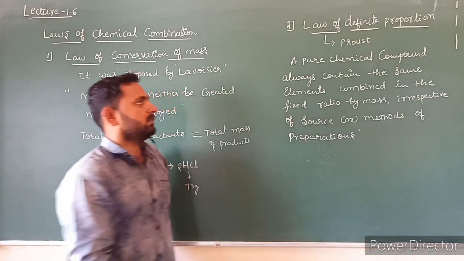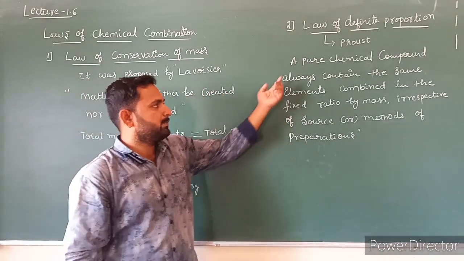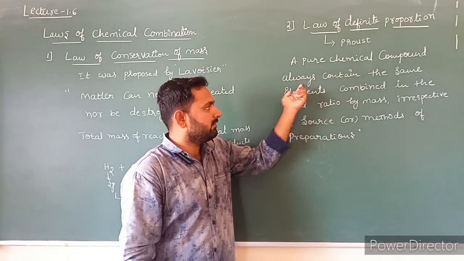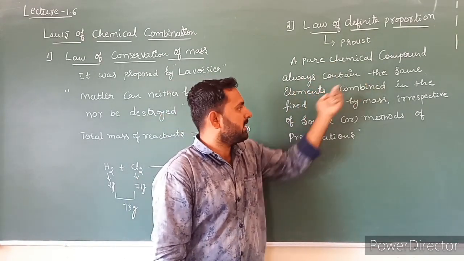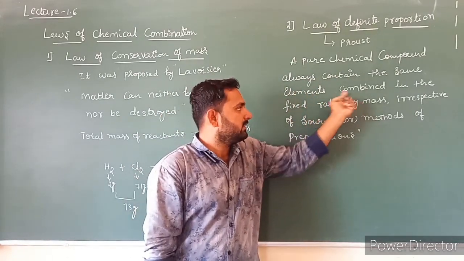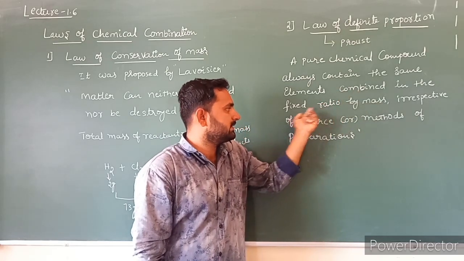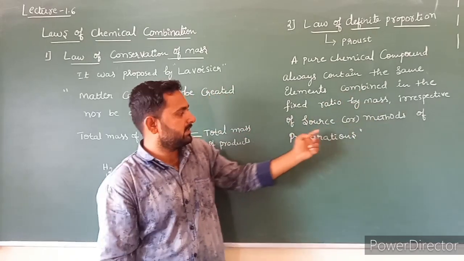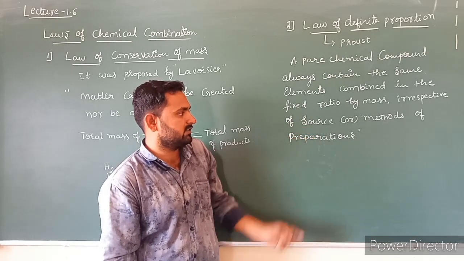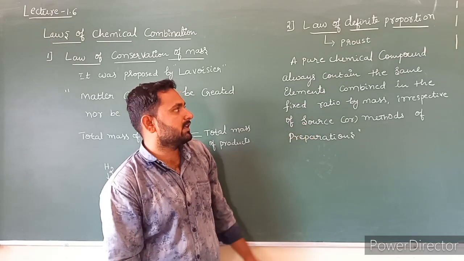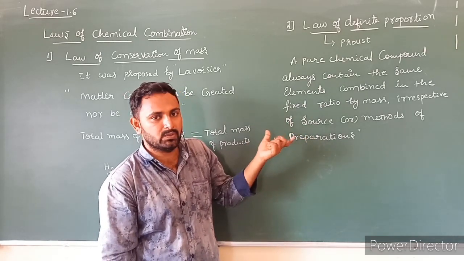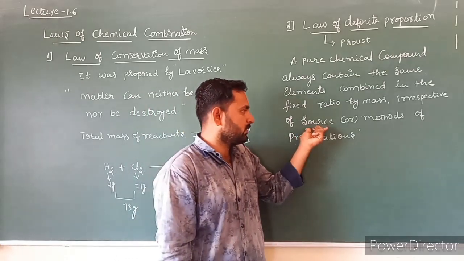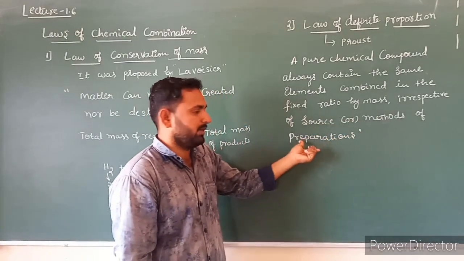This is the law of definite proportion. A pure chemical compound always contains the same elements and they combine in a fixed ratio by mass, irrespective of source or methods of preparation. In a pure chemical compound, the ratio does not depend on source or methods of preparation.